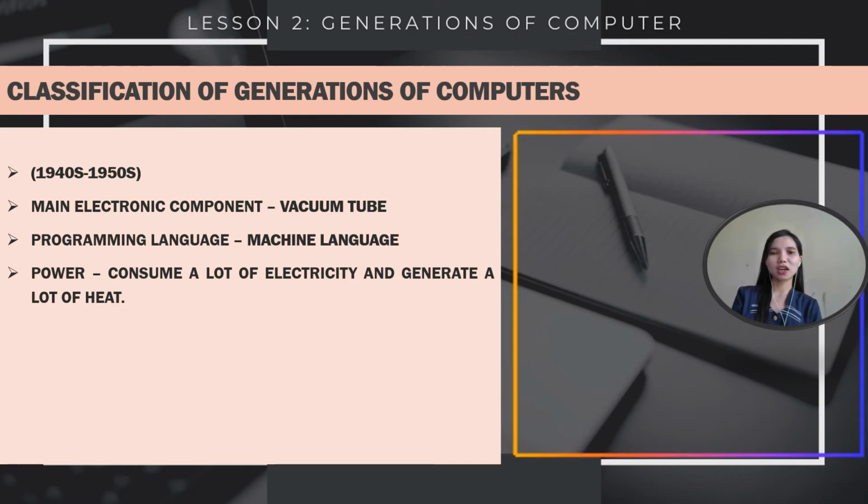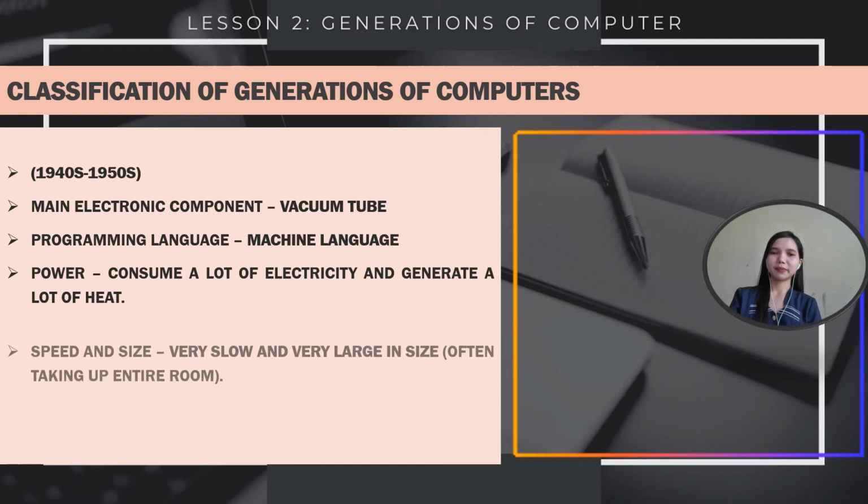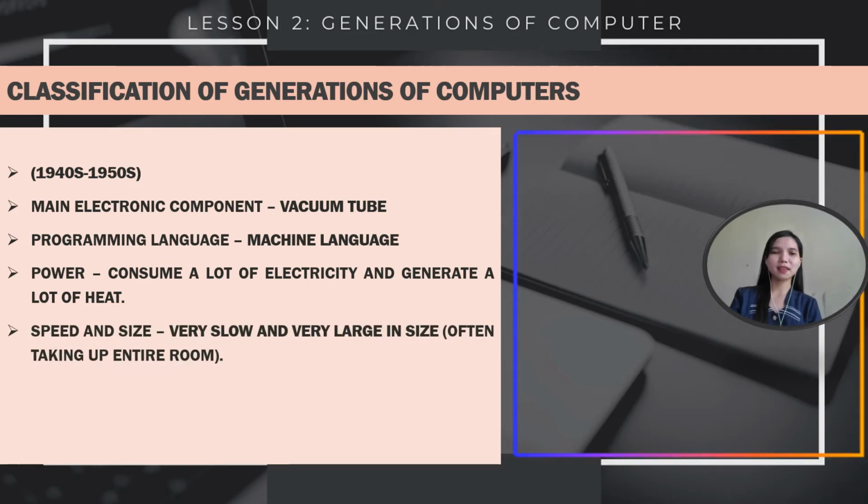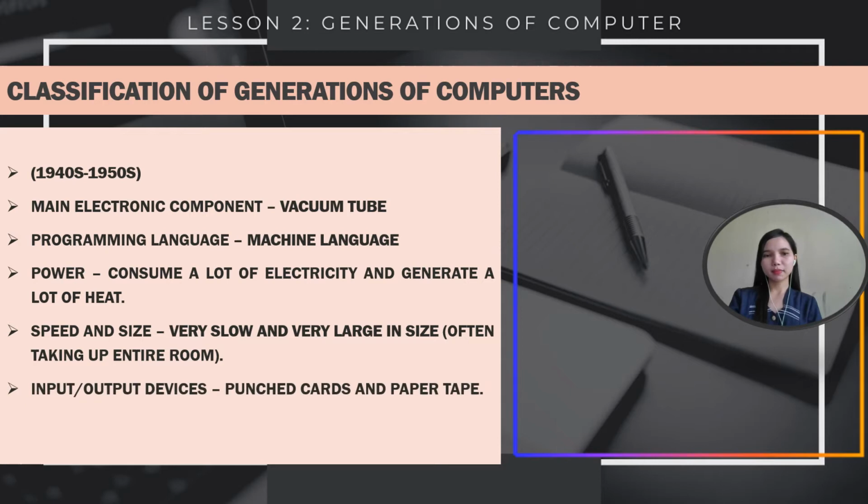So the hotter it gets, guys, the more electricity it consumes. Its speed and size: very slow and very large in size, often taking up an entire room. The input and output is through punch cards and paper tape.